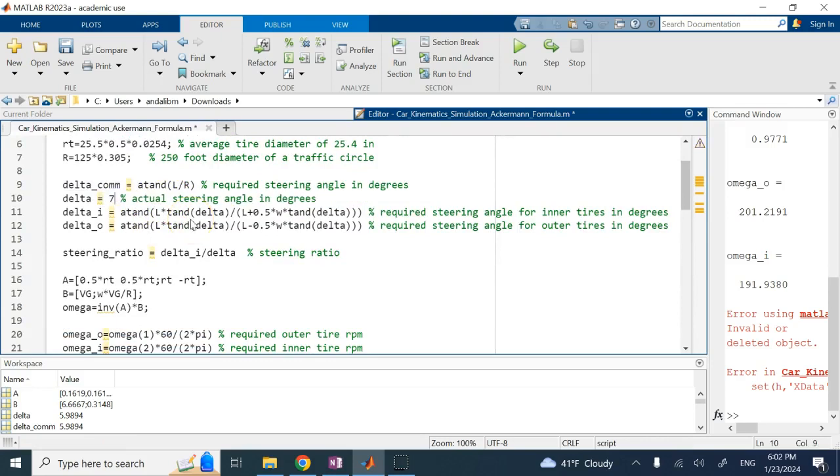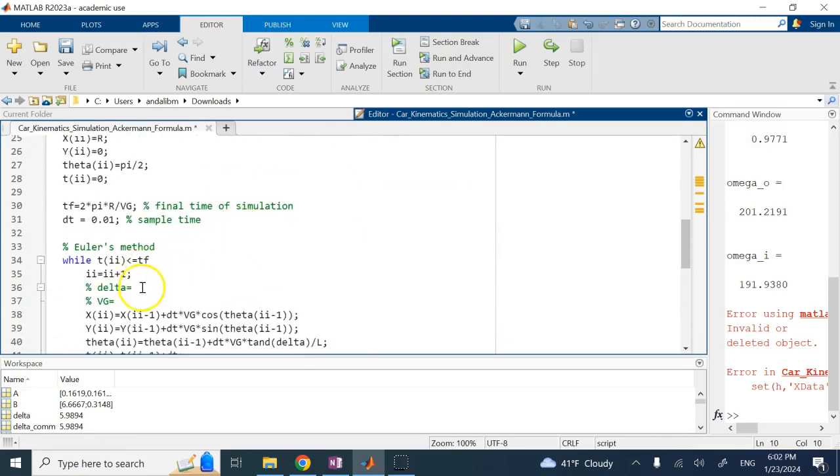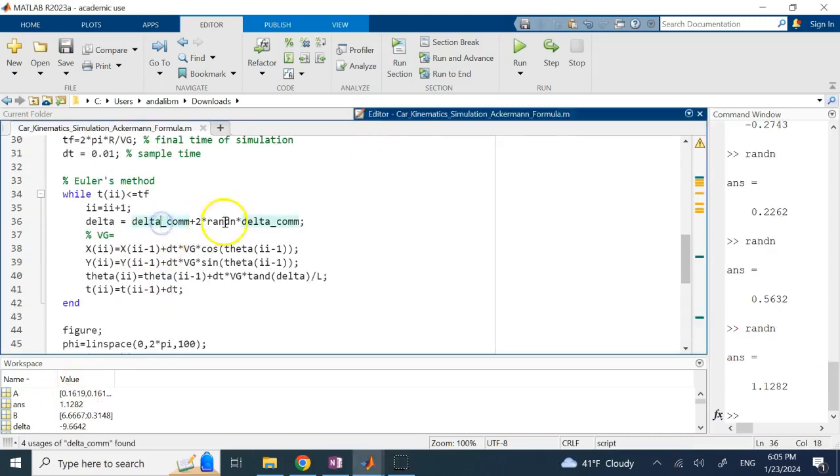If you come and change this delta, so here I add some randomness to it. I assume that you are just steering left and right a little bit, and you're turning your steering wheel.